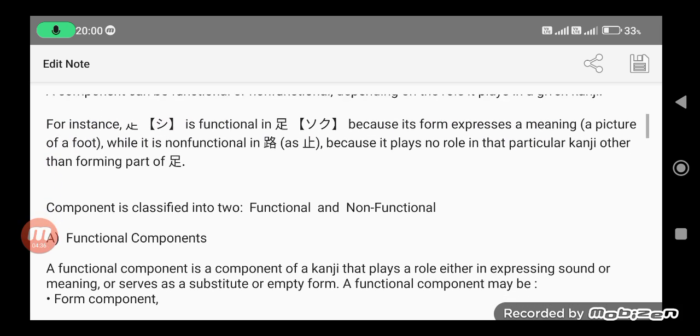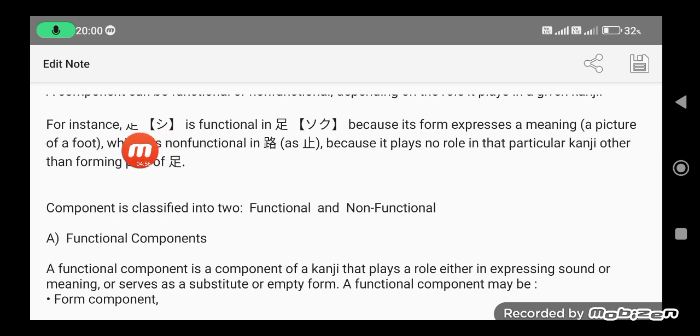Let's give an example. For instance, this radical. Whenever you see this kind of closed bracket, this kind of Japanese closed bracket, this means I am stating a reading.